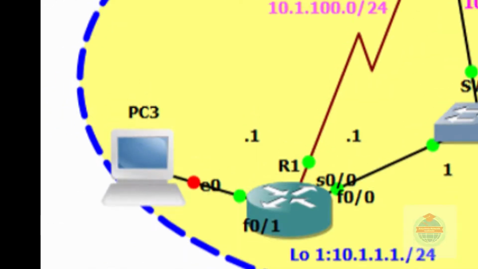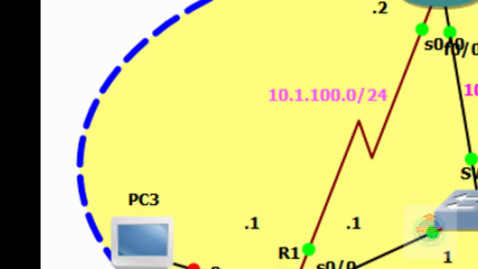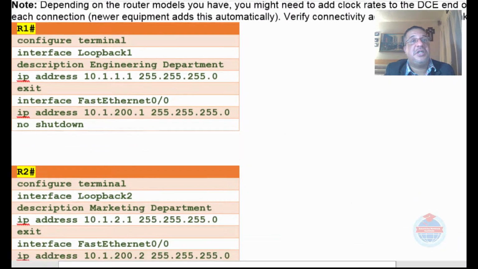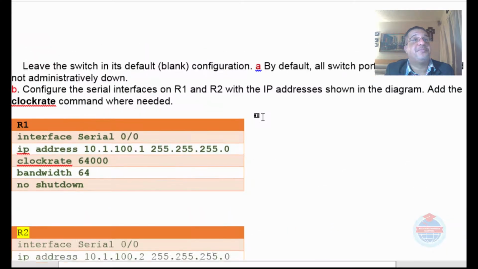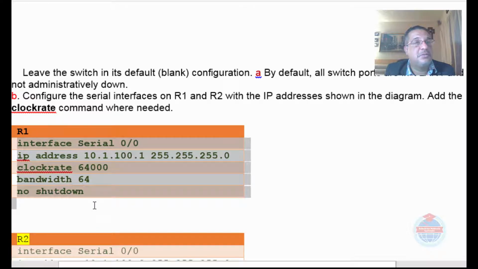Remember that we only put over here two zeros instead of three zeros. So on that serial is where our clock rate is gonna be, the same thing as our DCE that you saw in the graphic. Got it, guys? Hopefully you do. So on R1, we're gonna do the same process.